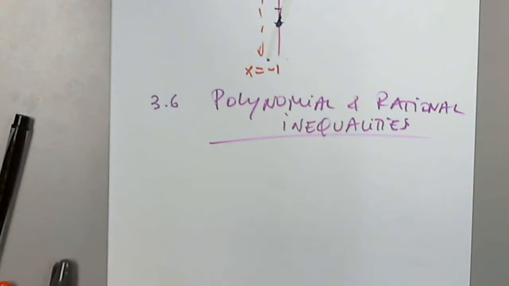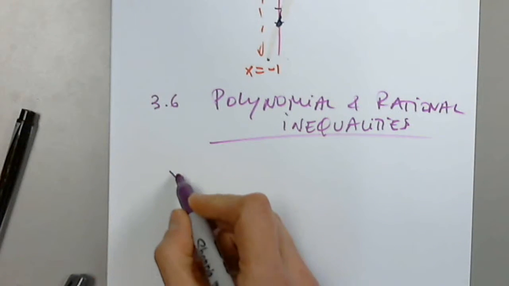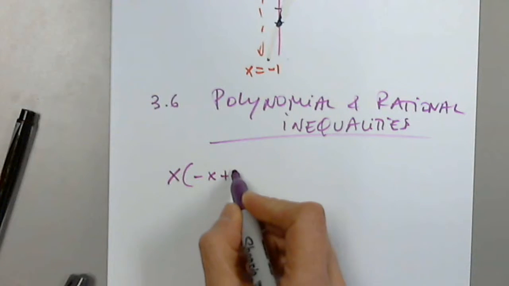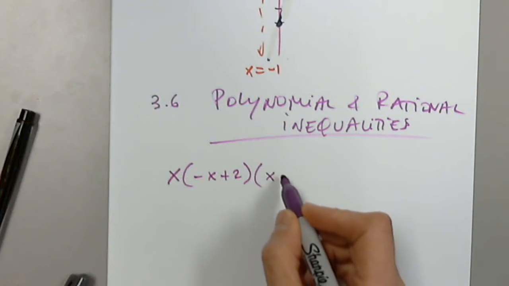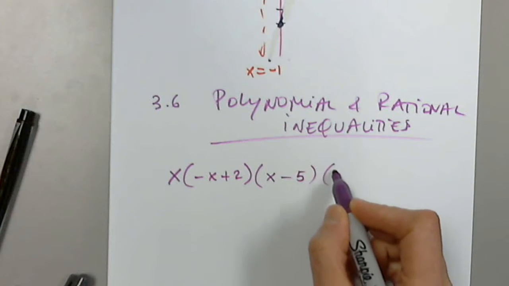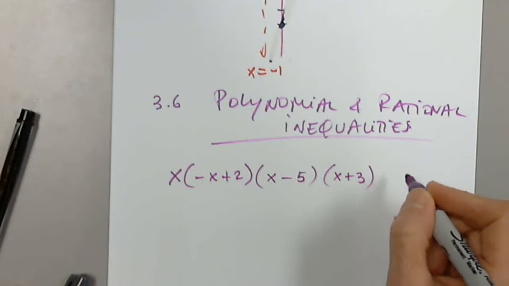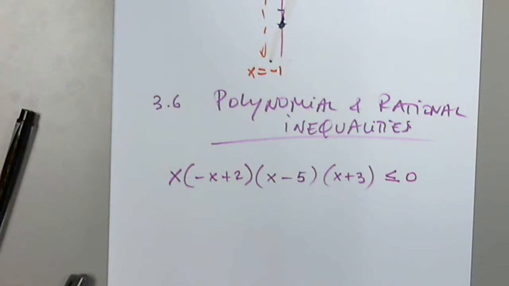Okay, I'm going to create an inequality, and I would like you to identify it and tell me what it is. No, this is so much easier than what we've done so far.